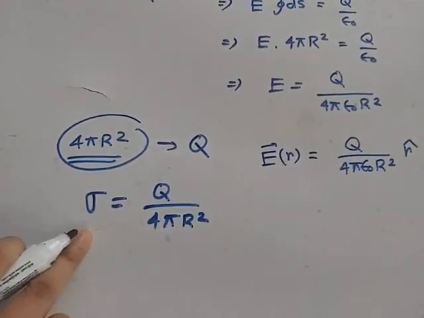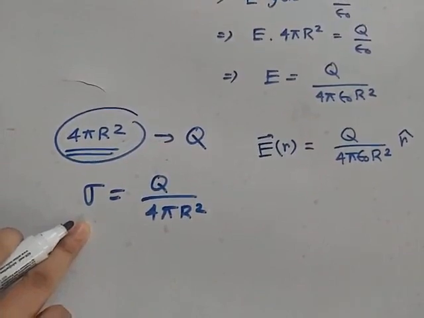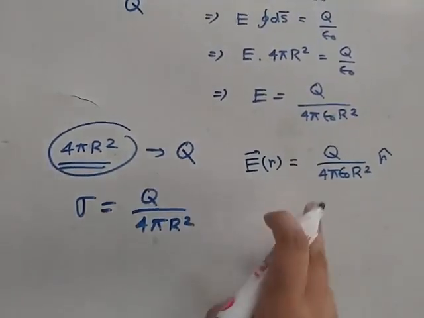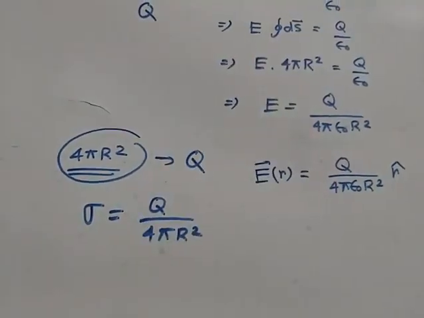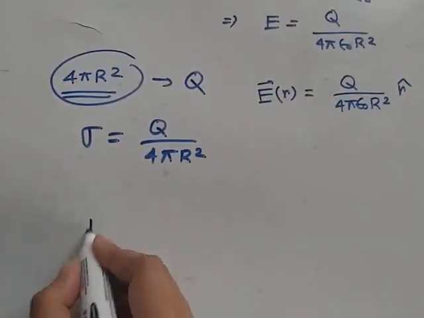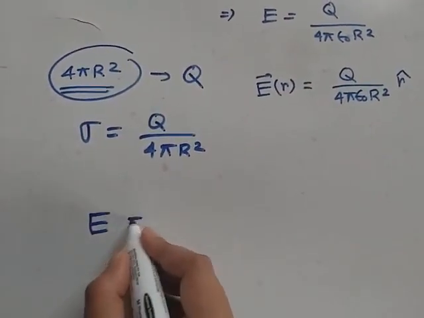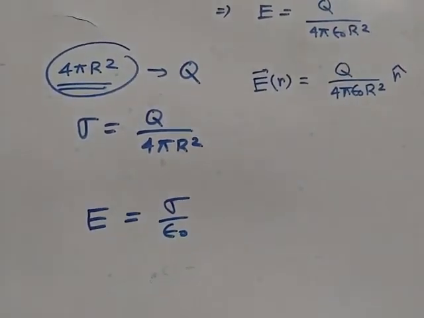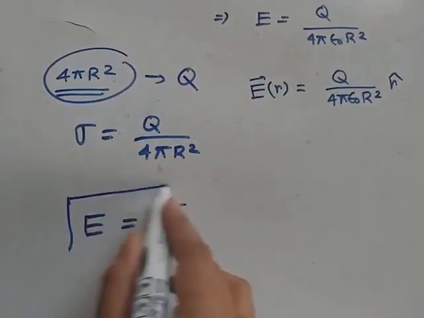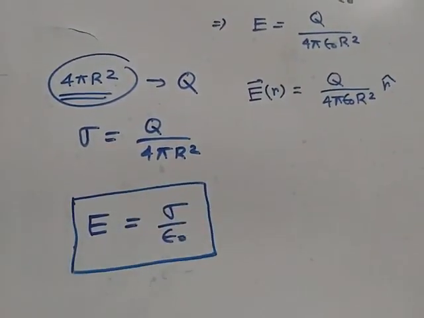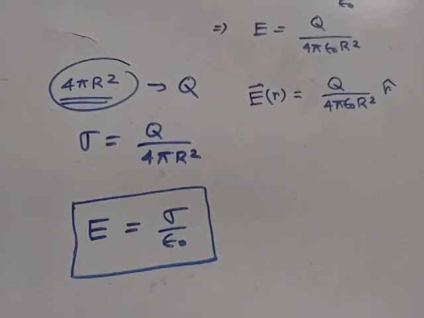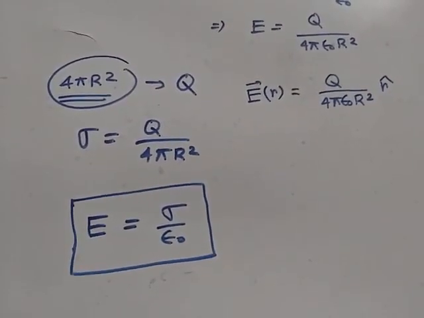This sigma is known as the surface charge density. So now if we put the value of sigma in the expression of electric field intensity E, then we have the expression E is equal to sigma divided by epsilon naught. So this is another expression for electric field intensity at a point on the surface of the shell.